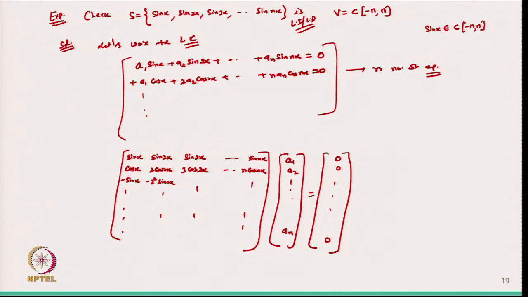So, n derivatives I am going to take, and this matrix is n cross n, and this is n cross 1 and this is n cross 1.